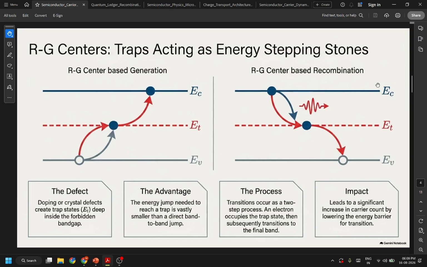The advantage of trap states is that the energy jump needed to reach a trap is vastly smaller than a direct band-to-band jump. To go from valence band to trap state or from trap state to conduction band, you need much lesser energy compared to direct valence band to conduction band.